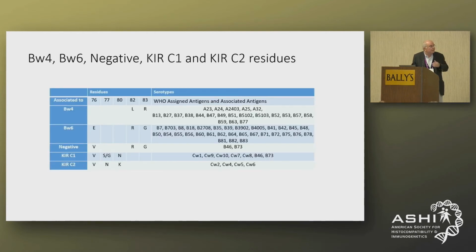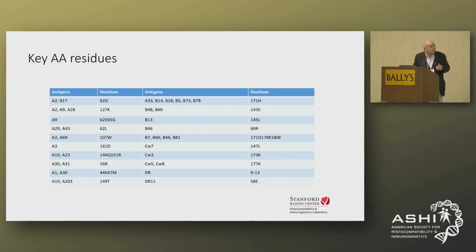In this report, we also put Bw4, Bw6, Bw46 negative, and we put HLA-C, where we know that there are epitopes that correlate well with KIR C1 and KIR C2, with B73 and B46 falling in that group as well. And this is a proposal.